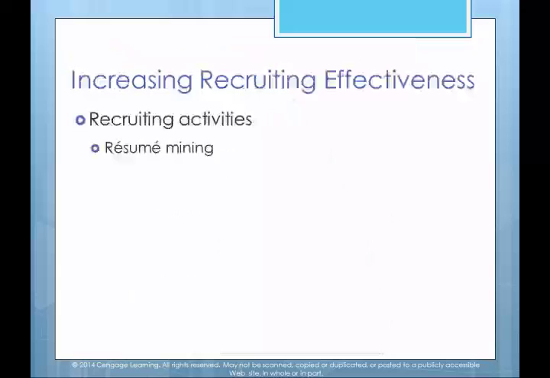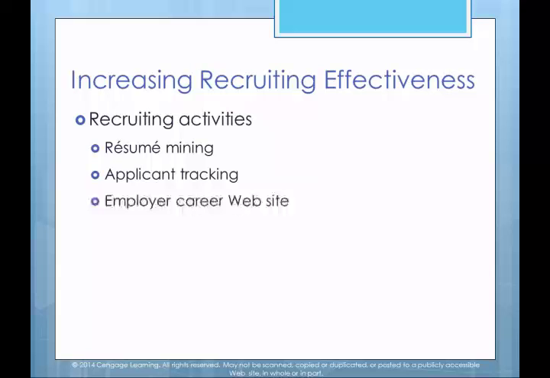Now, how do we increase recruiting effectiveness? We can do resume mining. That is a software approach to getting the best resumes for a fit from a bigger database. Applicant tracking, an approach that takes an applicant all the way from a job listing to performance appraisal results. Employer career websites, convenient recruiting place on an employer's website where applicants can see what jobs are available.